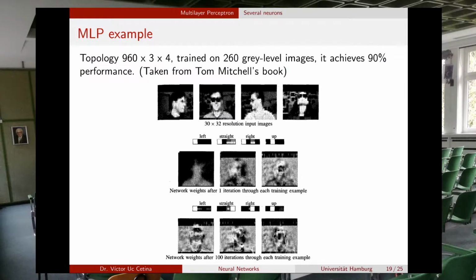Okay, so one important thing to notice here is that these models, like in this case with 3 hidden neurons and 4 output, are already complex enough to learn this task, which is not, let's say, a trivial problem.